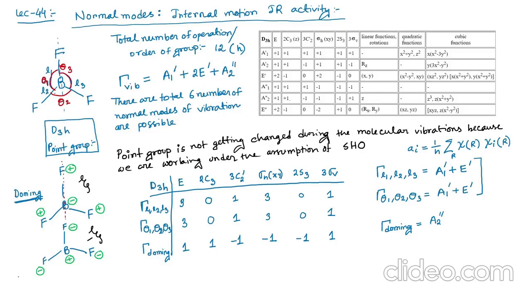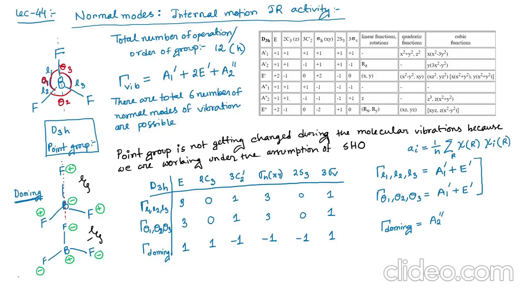But it is fixed that theta 1 plus theta 2 plus theta 3 has to be 360 degrees, it can't be more than that. So if theta 1 and theta 2 increase to the same extent, then theta 3 has to decrease by twice that extent, right?